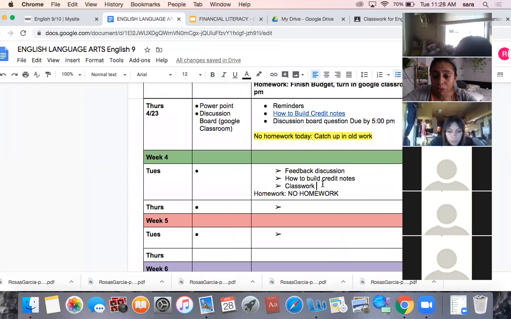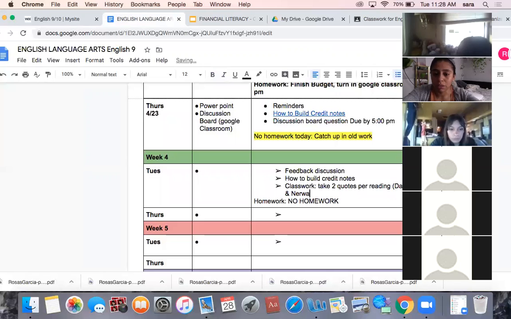What you have to do is take 2 quotes per reading, Dave Ramsey and NerdWallet, and add them into the graphic organizer. Okay, that's what you have to do today.